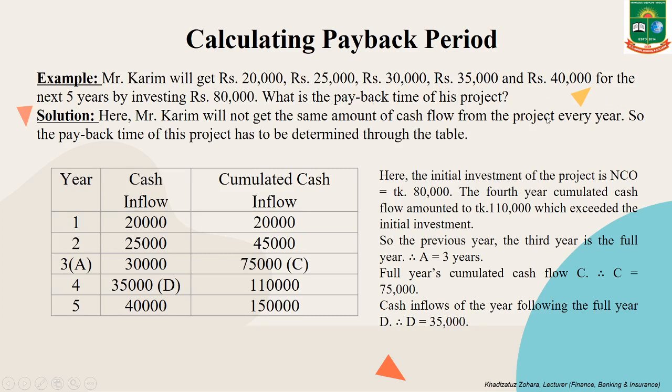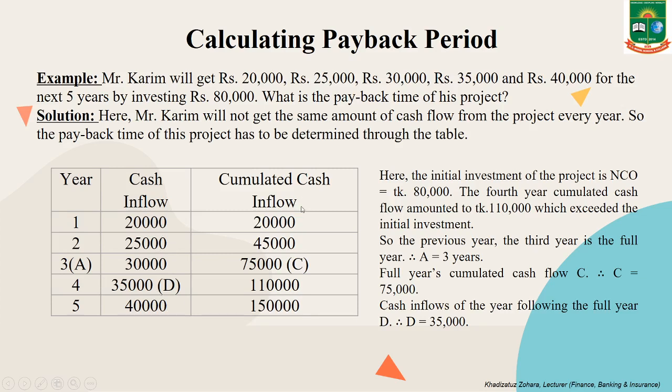Like the previous example, here the cash inflows per year is not even, so we also have to draw a table here. We are drawing a table like the previous example: year, cash inflow and cumulative cash inflow. Our years are 1, 2, 3, 4 and 5, and cash inflows are 20,000, 25,000, 30,000, 35,000 and 40,000.